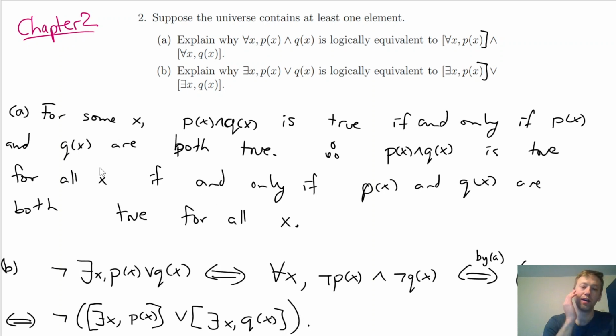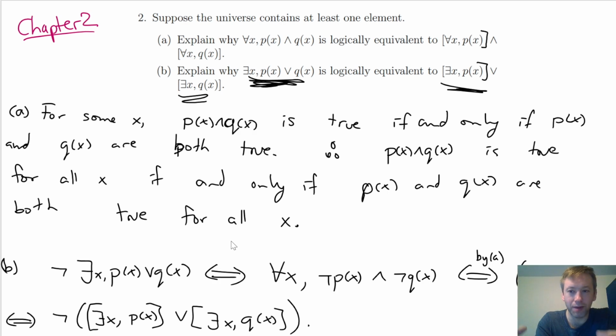So what we've shown is that the negation of the left side is equivalent to the negation of this thing, which means that the original thing is also logically equivalent to this thing over here.